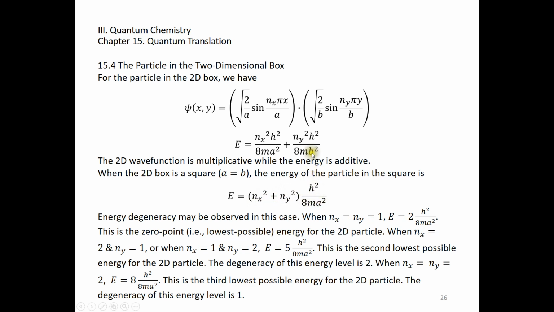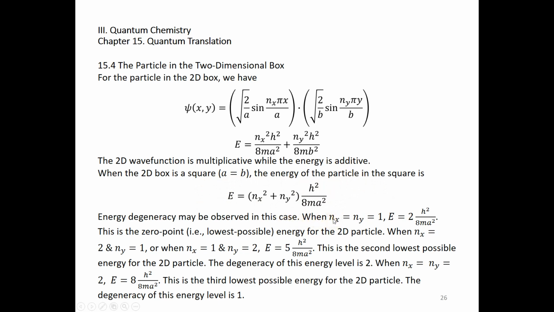When we replace this b with a, when we have a square, now we observe energy degeneracy, because when nx and ny are equal to 1 and 2 or 2 and 1, we will get the same amount of energy. Now let's analyze more different cases.